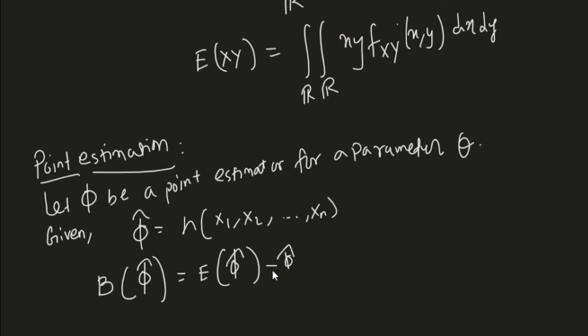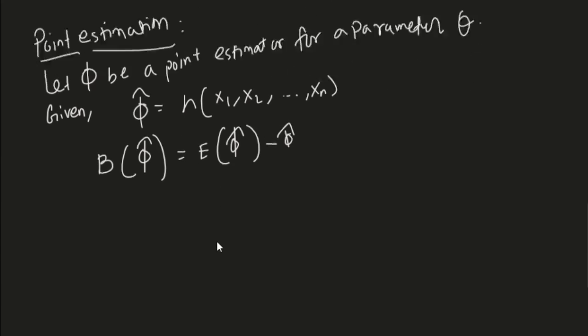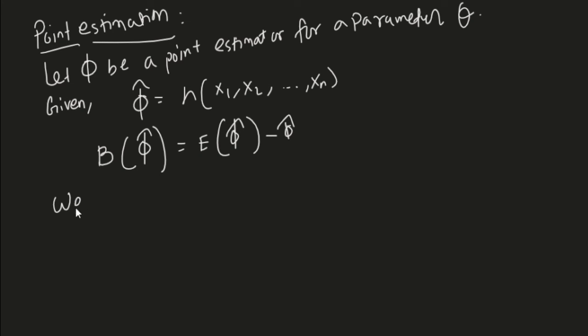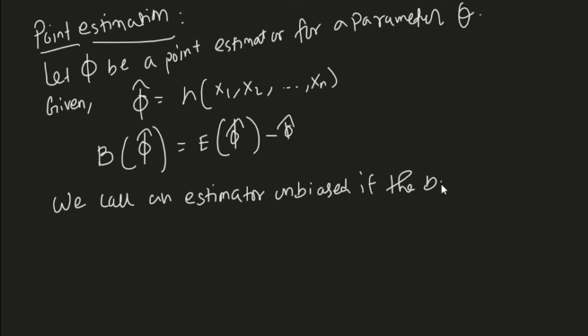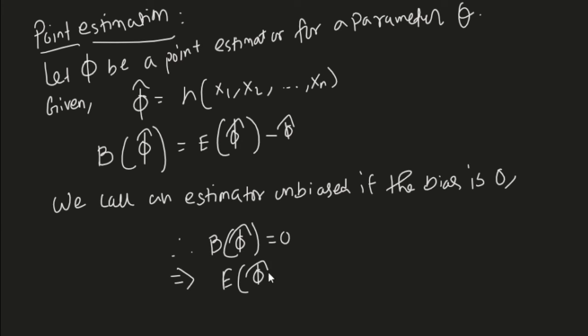You see, that is how bias is defined, and we call it unbiased if the bias is 0. So if this happens, we call our estimator unbiased, right?